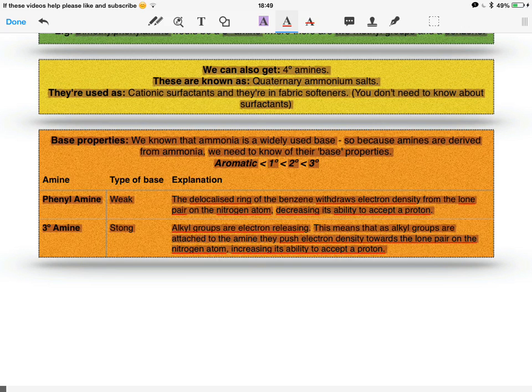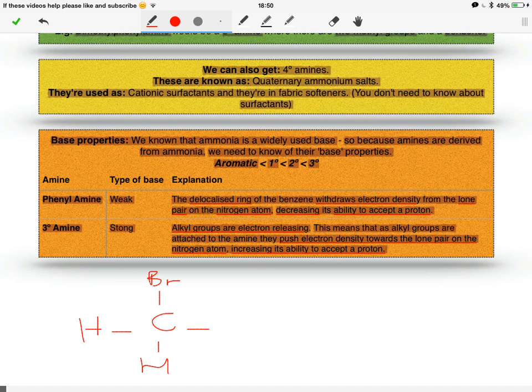Putting this also into practice, it could ask you, well, you've got this. And it would say, what's the base properties of this? And you would say that this would be a weak base.